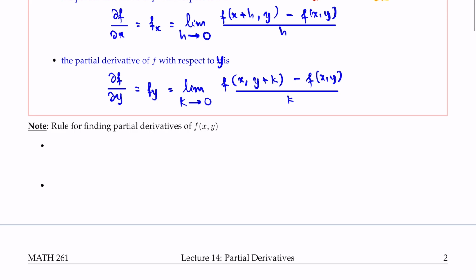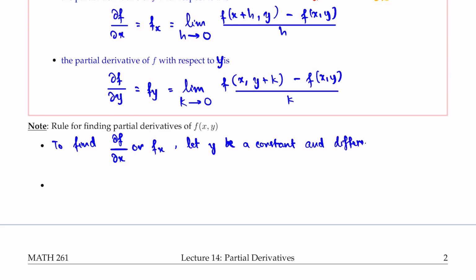In practice, to find partial f, partial x, or f sub x, what you do is you let y be a constant. That is, you fix the value of y and then you differentiate f of x comma y with respect to x only.